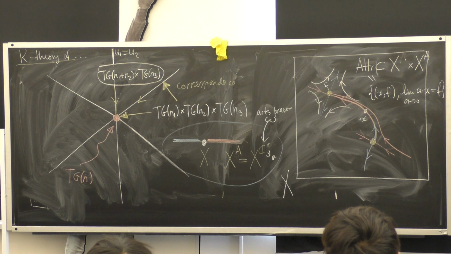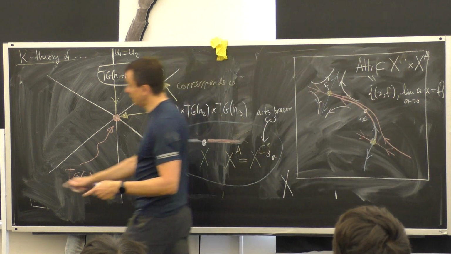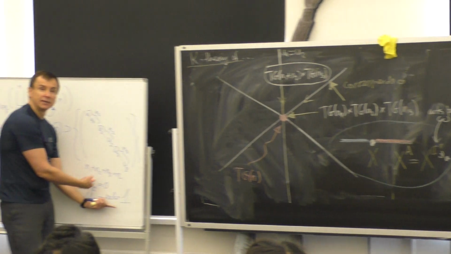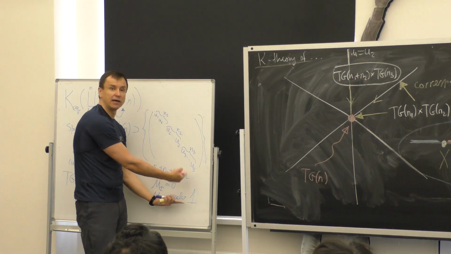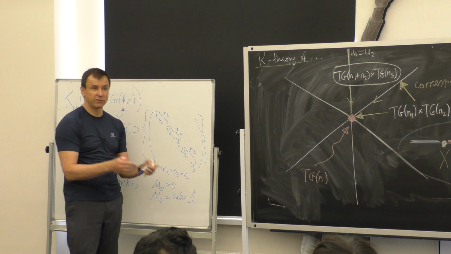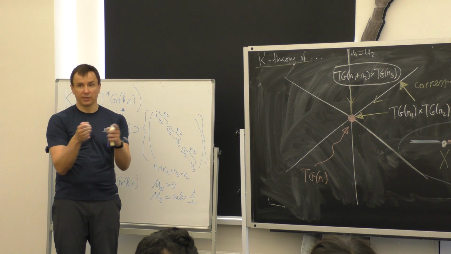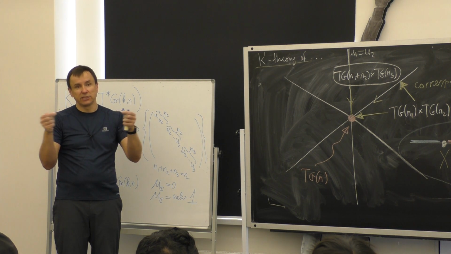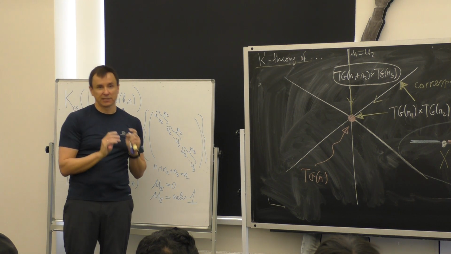It's especially bad if your group acts on the base of the deformation, which happens here. Since this is a moment map, the scalar is actually scaled by a group that scales the symplectic form. So the group acts nontrivially on the base of the deformation, and that's special.